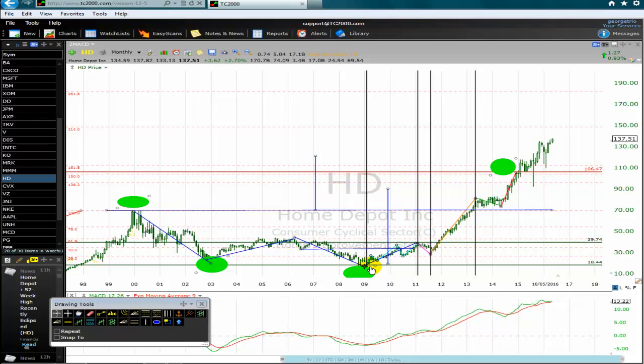In my view, the first wave is from here, where I put this green spot, up to this point here. Another thing I was saying to traders is that we have to put a question mark on this first wave because it didn't break the resistance on the left-hand side.